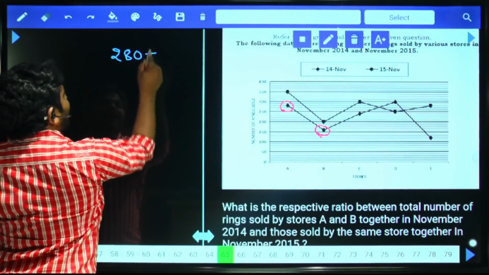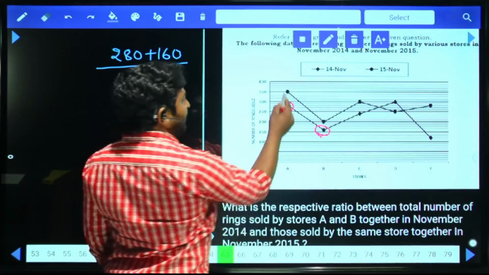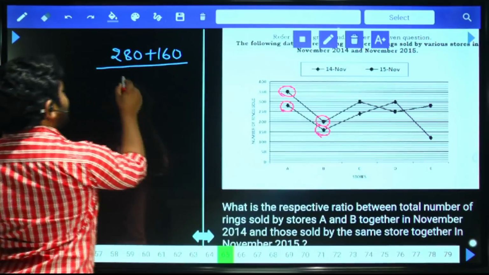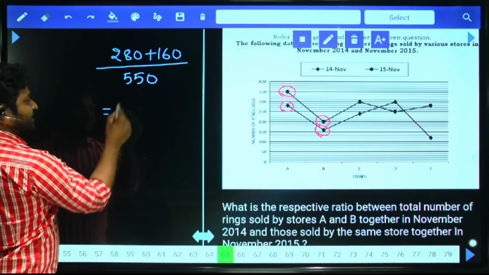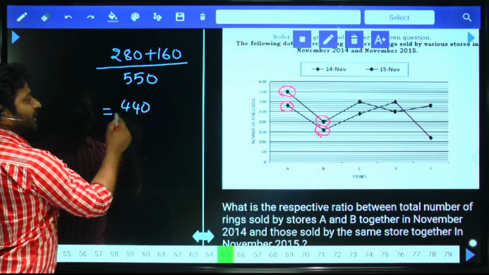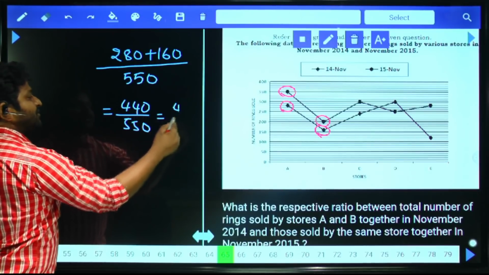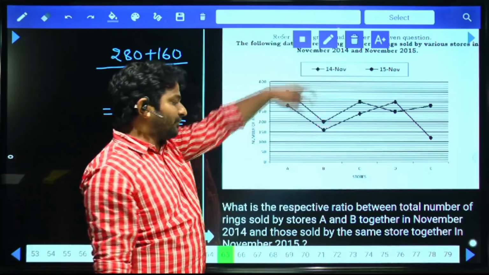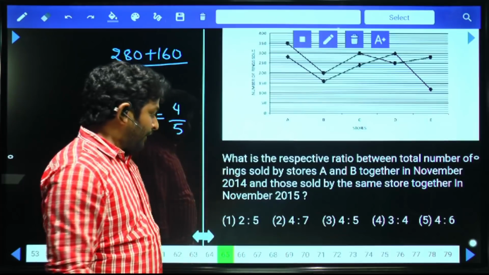In 2015: 350 and then 200, that is equal to 550. 280 plus 160 is 440 divided by 550. 110 4 times here, 110 5 times here. So the ratio is 4:5, third option answer.